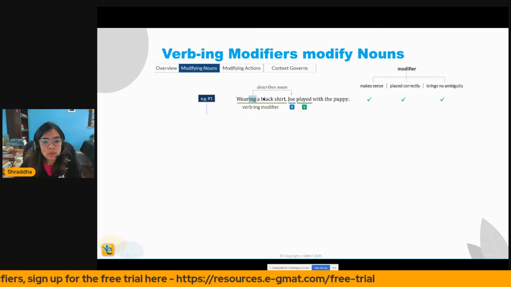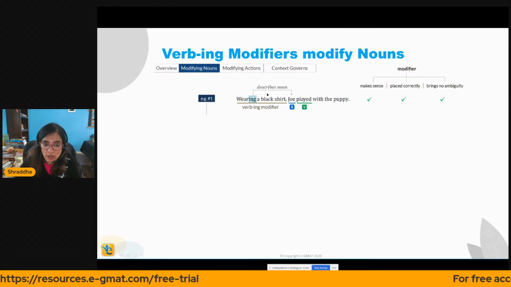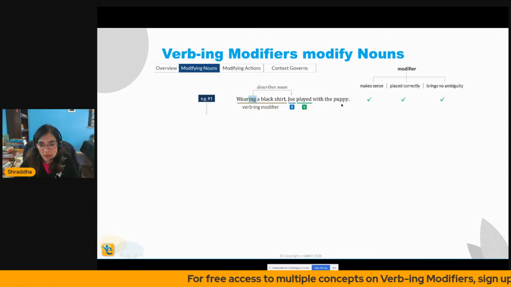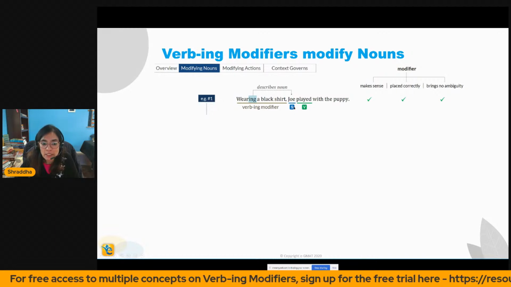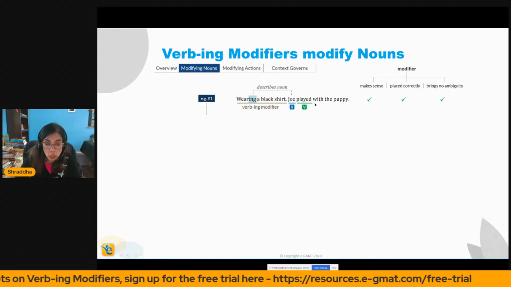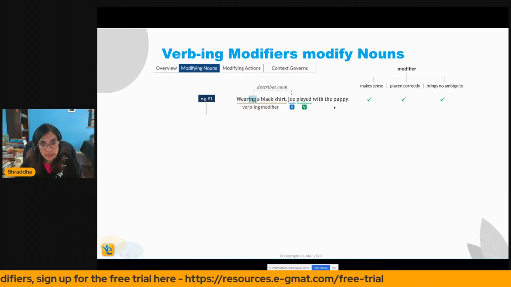So here we are dealing with a few simple examples governing the noun modifiers. Look at the placement over here. We are saying, "Wearing a black shirt, Joe played with the puppy." Here the verb-ing modifier appears before the clause, which is "Joe played with the puppy."